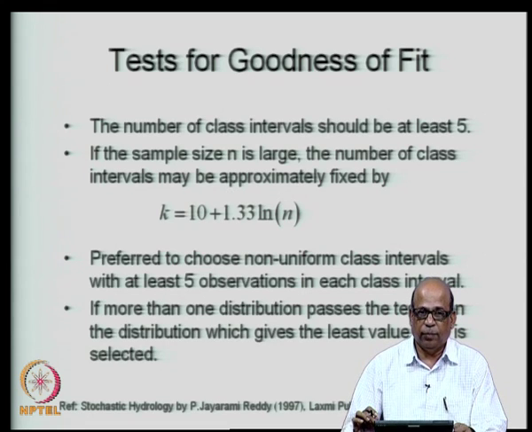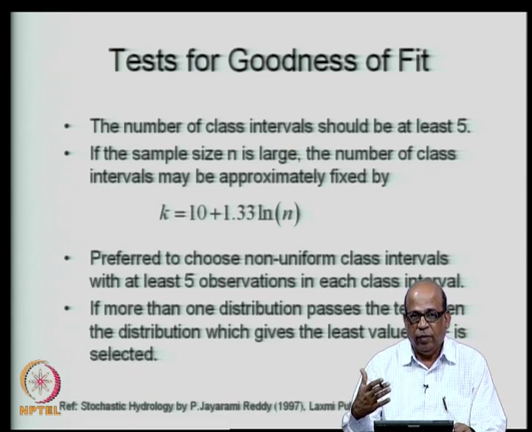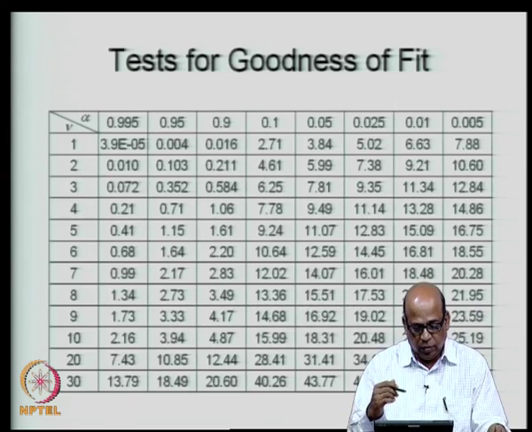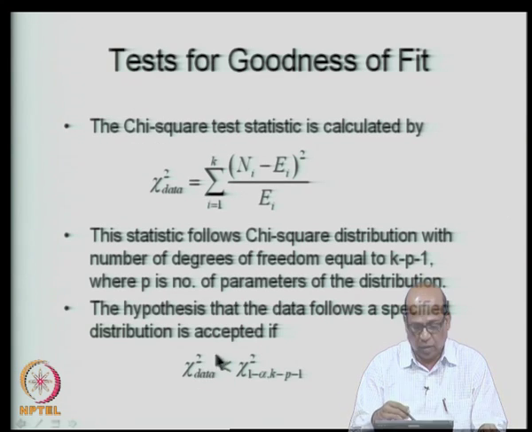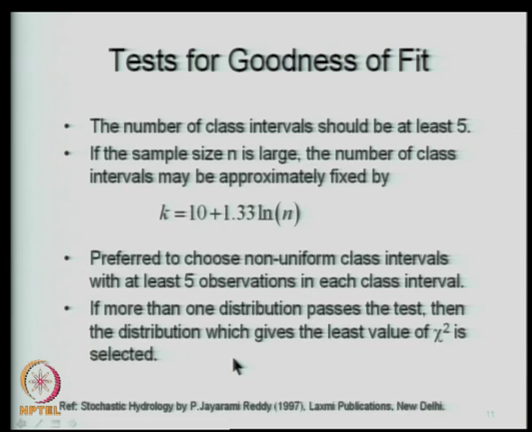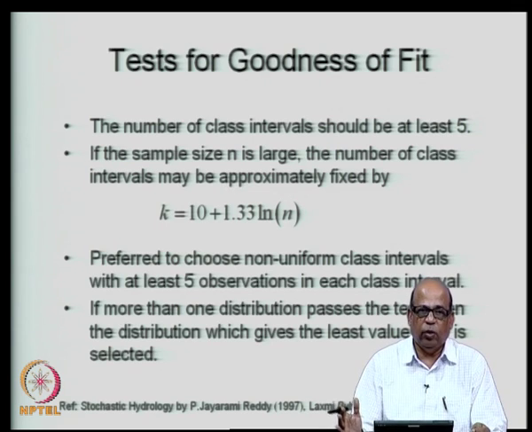If the hypothesis is accepted for several distributions, 1, 2, 3 distributions and so on, then which one do we choose? Look at the critical values of chi-square. Now, this in some sense indicates the acceptability of that particular statistic. So, you use the particular distribution which gives the least value of chi-square. That is one general guideline.